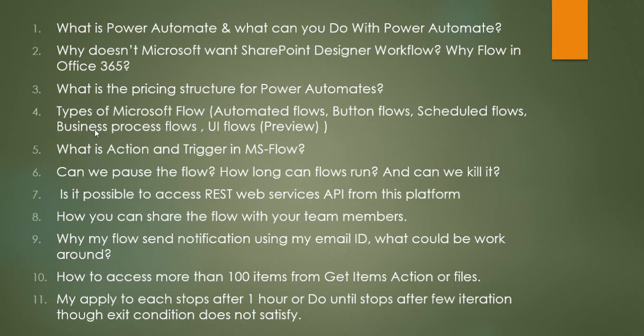The fourth type of flows are business process flows. So these are pretty interesting. These are basically the stage flows. So possibly, with the starting stage, you would be capturing a few fields.